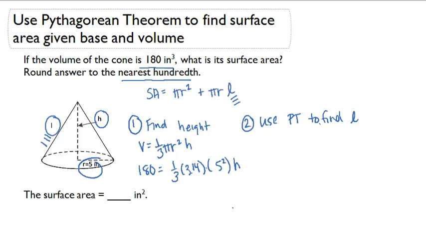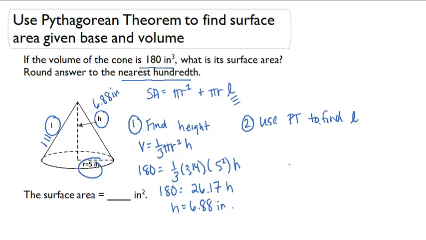So I have 180 equals 26.17 times h. Remember, I'm rounding to the nearest hundredth because that's what the directions told me to do. And now if I divide both sides by 26.17, I'll get the height to be 6.88. And that's in inches. So the height is 6.88.